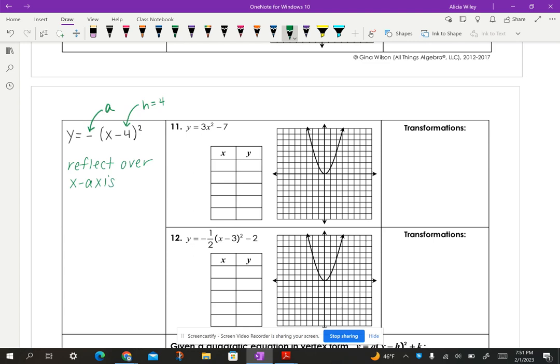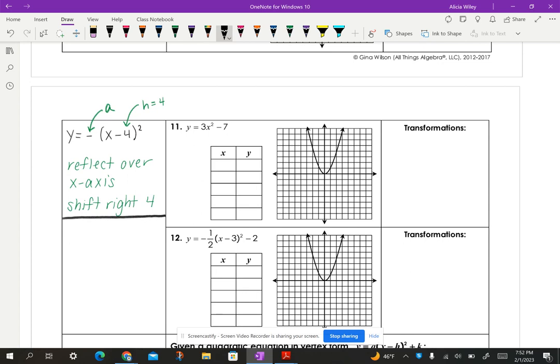You can also say it flips over the x-axis. That's fine to say. And then, because the h value is positive 4, you would also state that it's going to shift to the right because it's positive 4. And how far? Well, it's going to shift right 4. So there's an example with that negative in there.